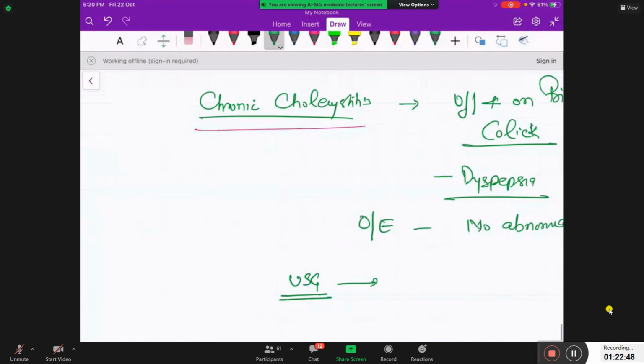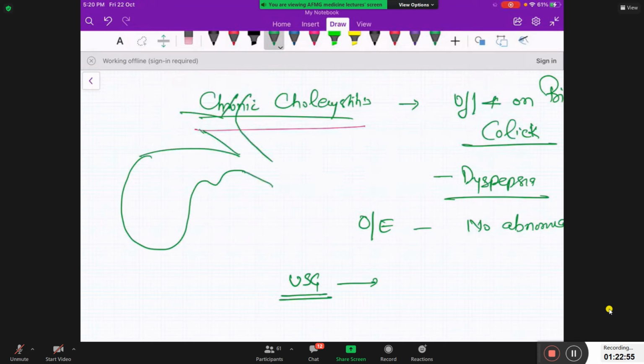And gallbladder, we all know, is a pear-shaped organ. So if you find posterior acoustic shadows in a gallbladder which is pear-shaped, having no other finding, it is an asymptomatic gallstone disease patient, incidentally found gallbladder.